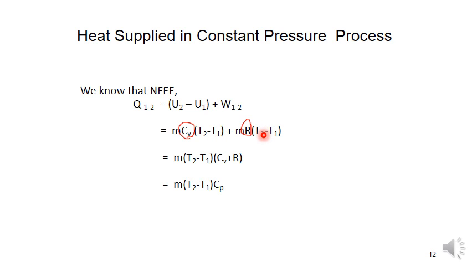Taking m (T2 minus T1) common, the remaining is Cv plus R. We know Cp minus Cv is equal to R, so Cv plus R is equal to Cp. So the heat energy supplied Q is equal to mCp (T2 minus T1).